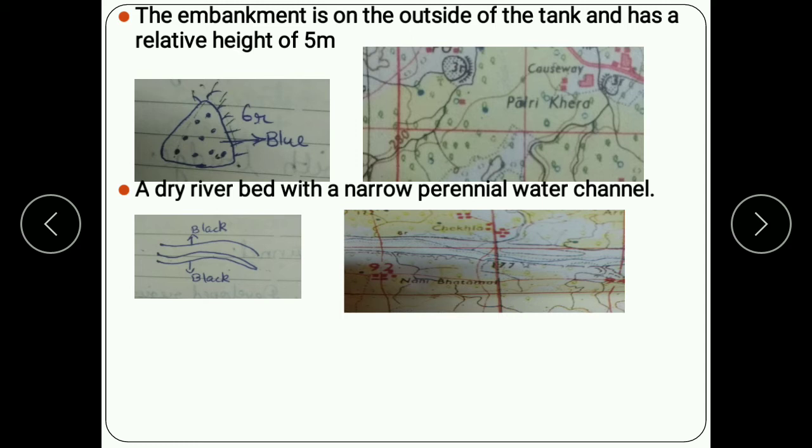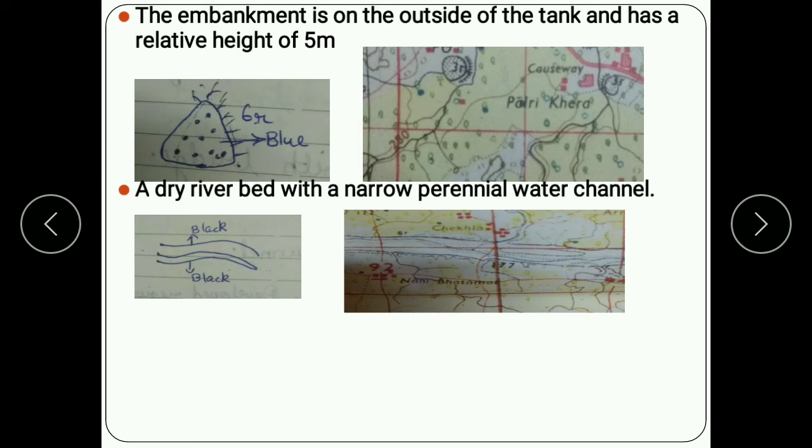But inside that black dry river, you will find there is one blue line depicted. So that is a perennial water channel inside that river. Okay, so what will be your answer over here? What does this symbol indicate? This indicates that there is a dry river bed with a narrow perennial water channel or a stream.